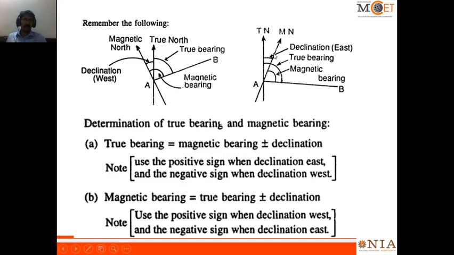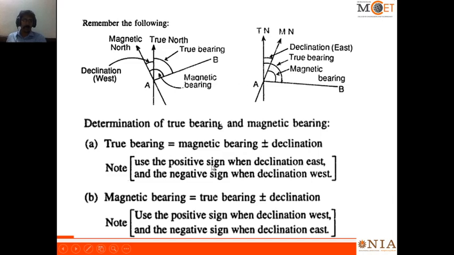But here the magnetic north is deviated towards the east, right? So there is a deviation, the declination is towards the east, right? So between the magnetic bearing and the true bearing, we have to apply a correction.